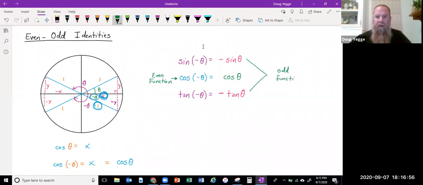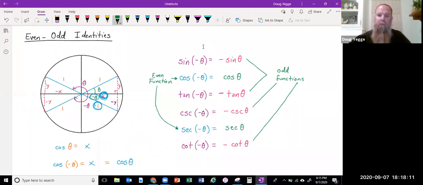And so now that we look at sine, cosine, and tangent, we can refer back to our reciprocal identities in order to find out the rest. We can now see that cosecant of negative theta is the reciprocal of sine of negative theta. So notice that each of those are going to be negative values as well.